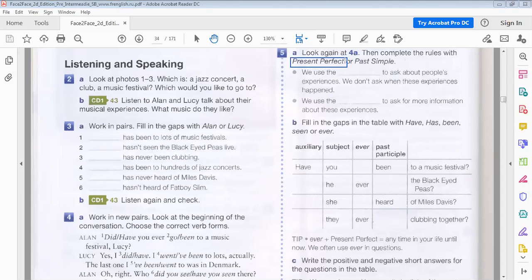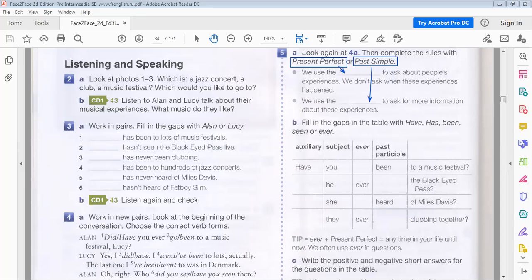Present perfect. And the next rule says we use something to ask for more information about these experiences. Which one? Past simple. That's the idea. If you want to talk about experiences generally, present perfect. If you want details, more information, we use the past simple.